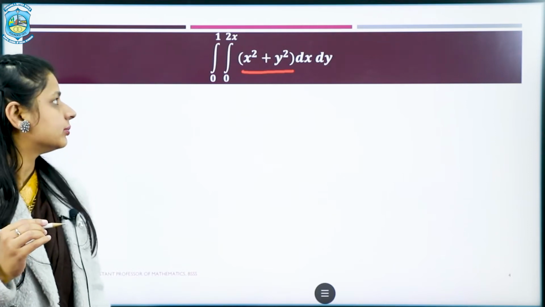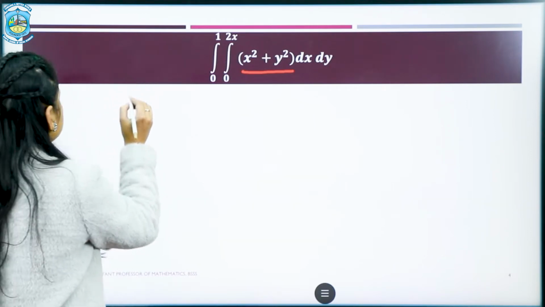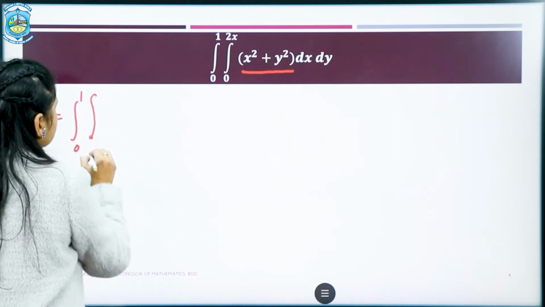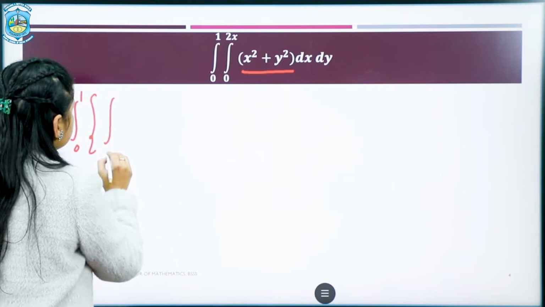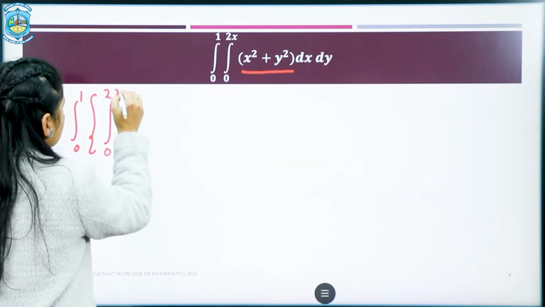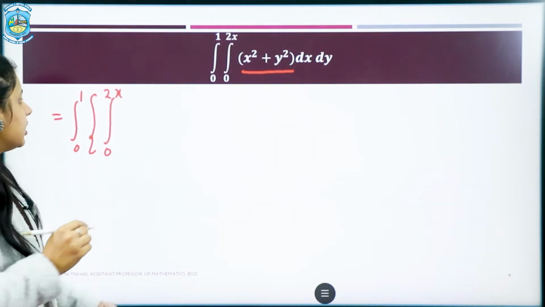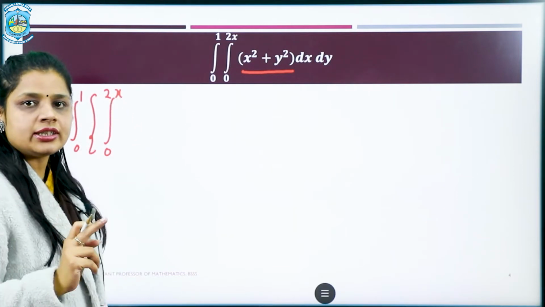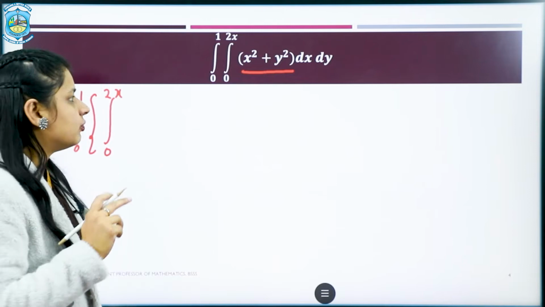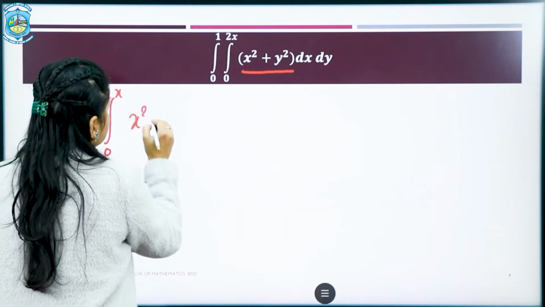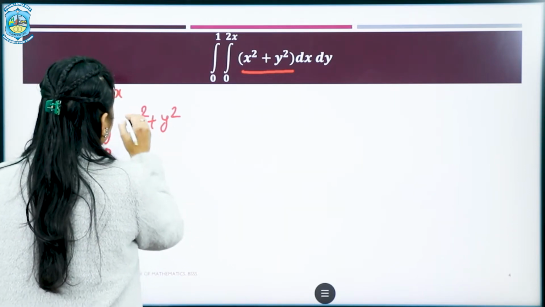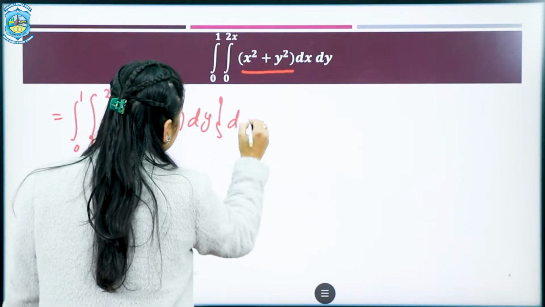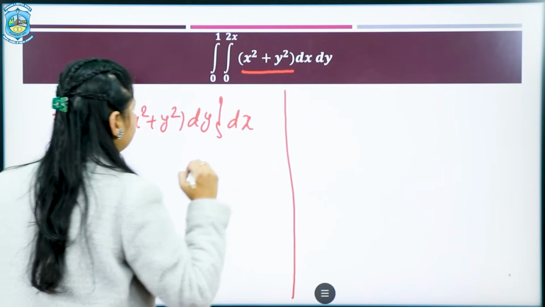In the next example, we will integrate x square plus y square with respect to x and y. So this integral we can write as integral 0 to 1, and the limits of the second integral are 0 to 2x. Now, the limits are functions of x, so first we will integrate with respect to y and then with respect to x.